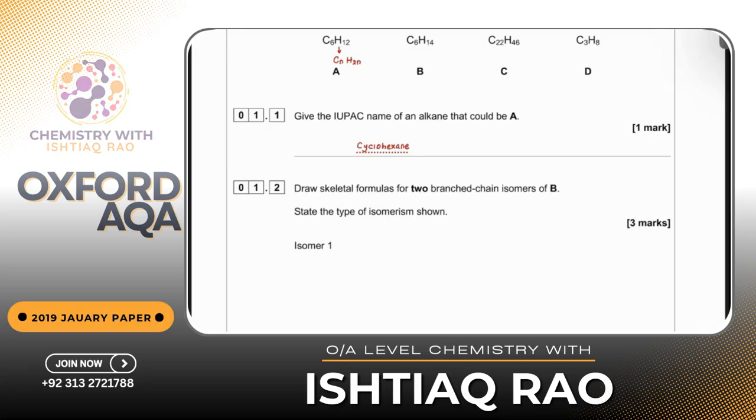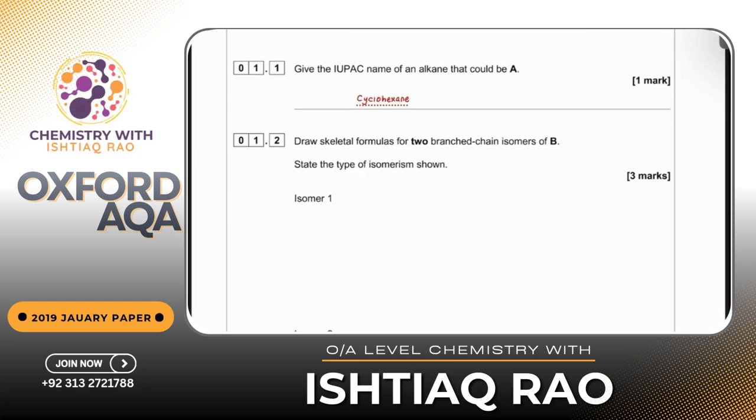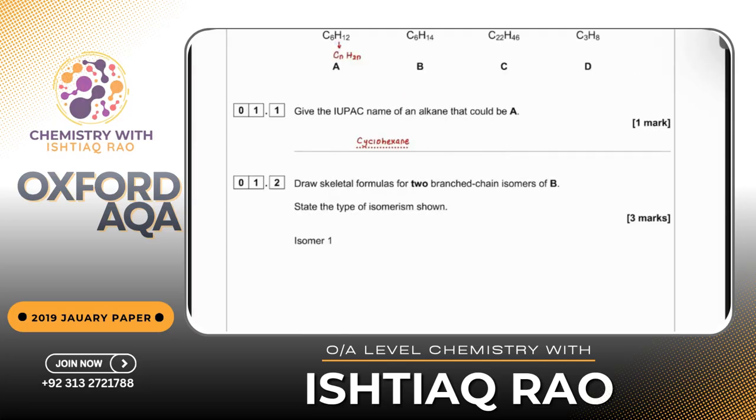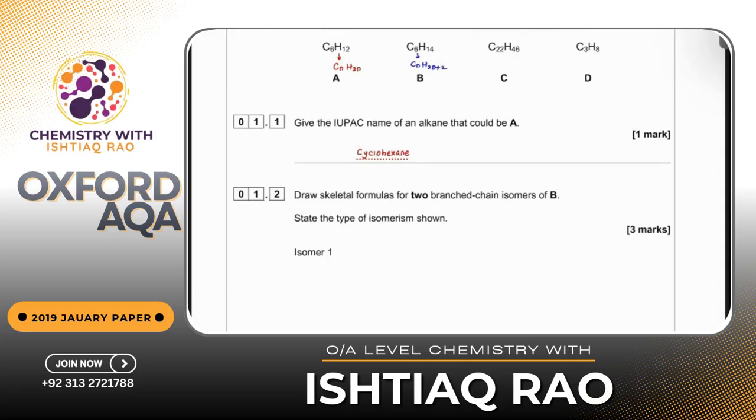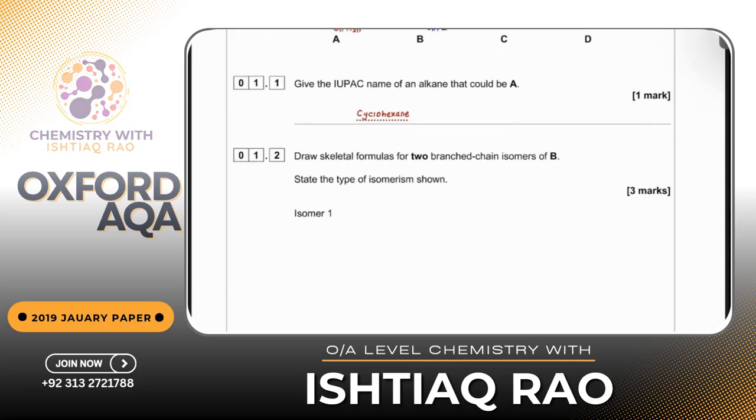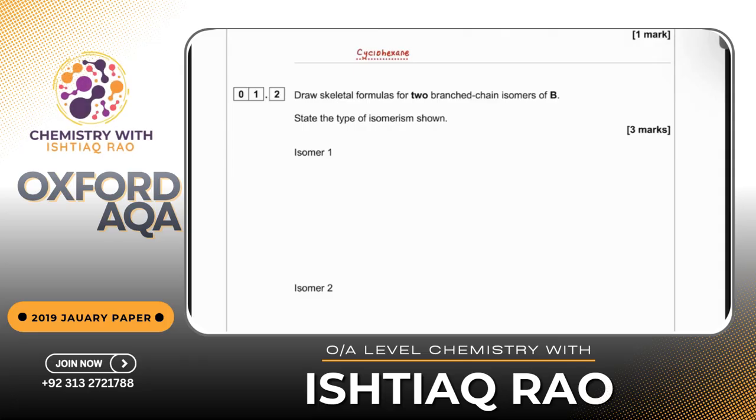Then in 1.2, they are saying draw skeletal formulas of 2 branched chain isomers of B. B is C6H14. Of course, this is CnH2n plus 2, which shows that this is an alkane. They are saying we have to draw the 2 branched chain isomers. So I would draw first 1, 2, 3, 4, 5, and then 1 branch.